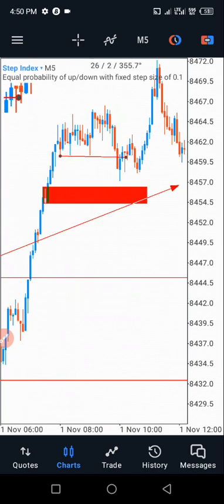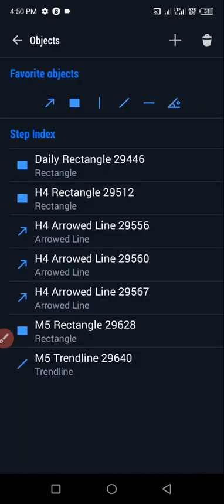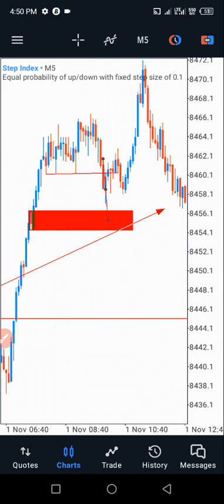Now I was waiting for price to take out this equal low and then tap into this order block level, and then buys. All right, so once it takes out this high here, I was supposed to sell. All right, but I needed to be sure that the market was going to sell.